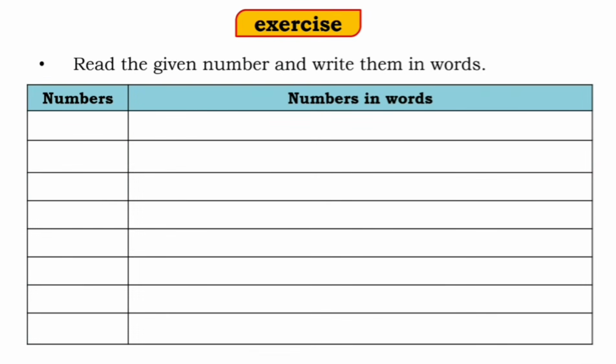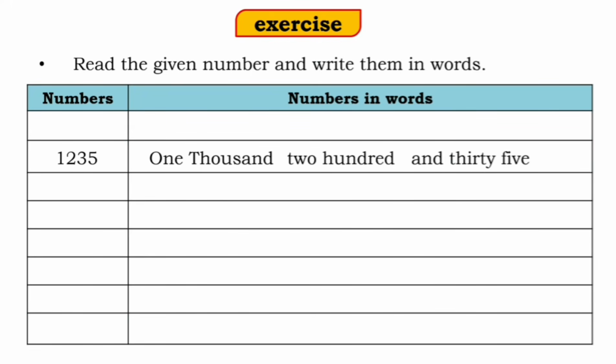Read the given number and write them in words. So first number is 1235. So we will write 1235. Next number is 2341.